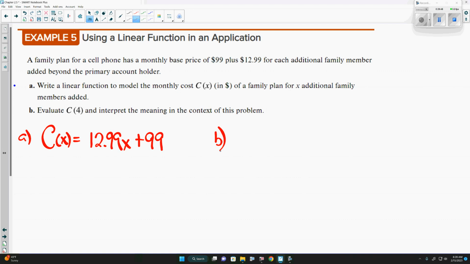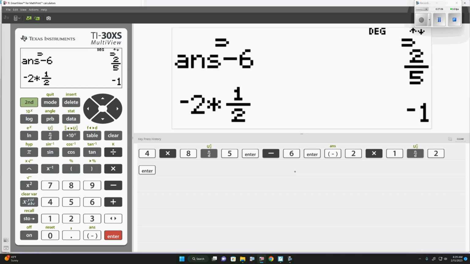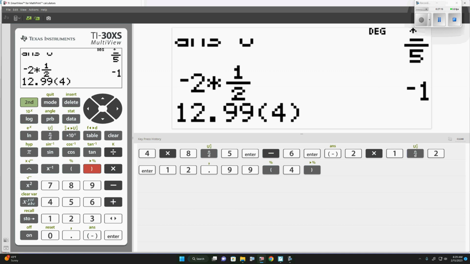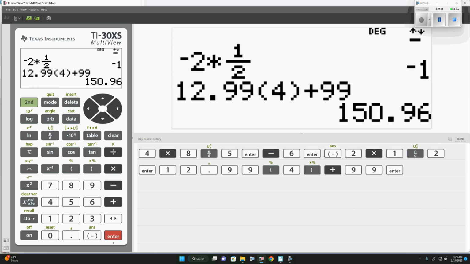Evaluate C of 4 and interpret the meaning in the context of the problem. So C of 4. All we're saying is that we're replacing x with 4, so we're plugging it into the equation. So we'd have 12.99 times 4 plus $99. We can plug this into a calculator and let it do it for us.